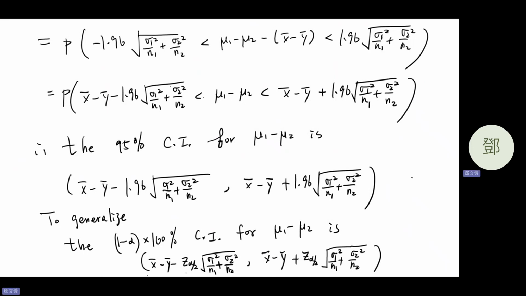This is our conclusion. Hey, the formula is very similar to the one population situation. The confidence interval for mu1 minus mu2 is a neighborhood of x bar minus y bar: x bar minus y bar minus something and then plus something. Minus the margin of error and plus the margin of error.